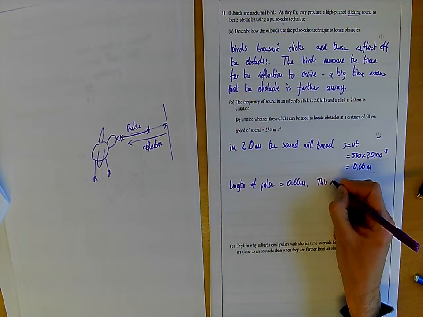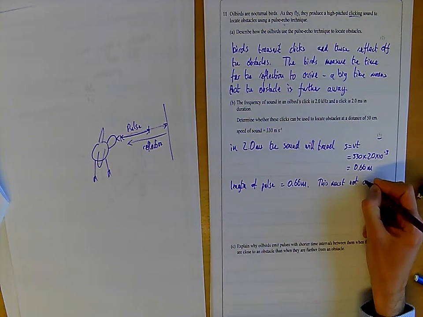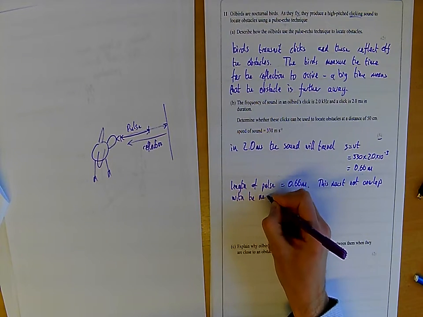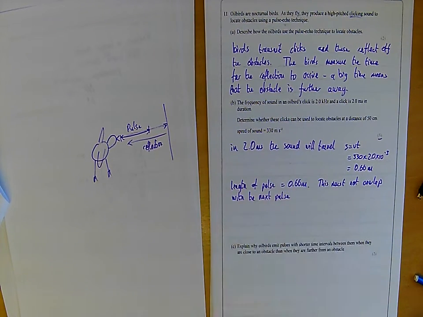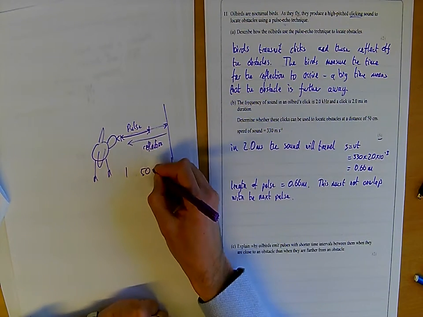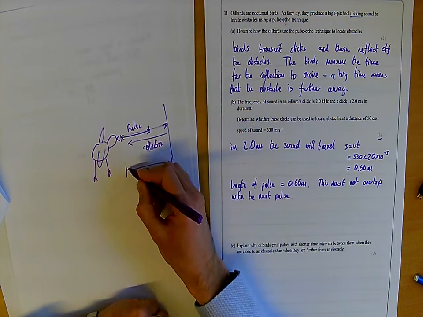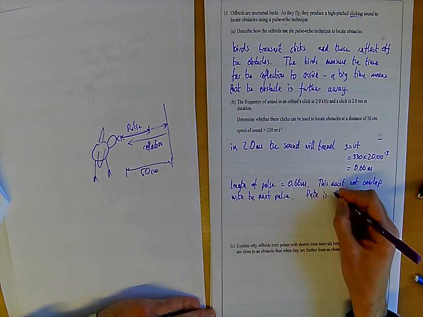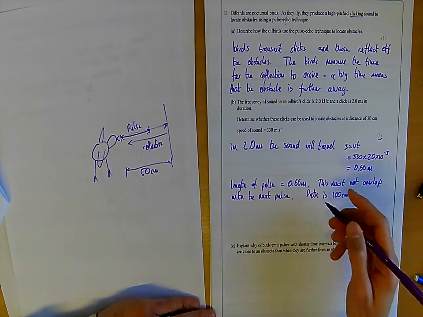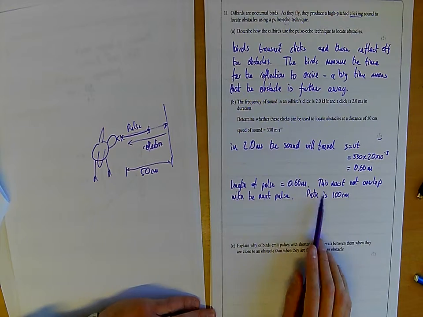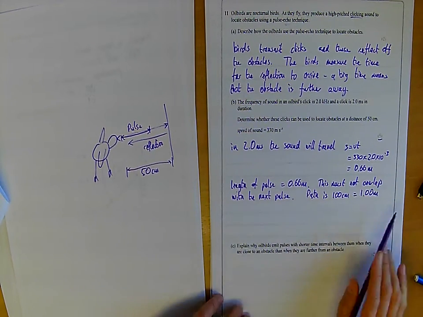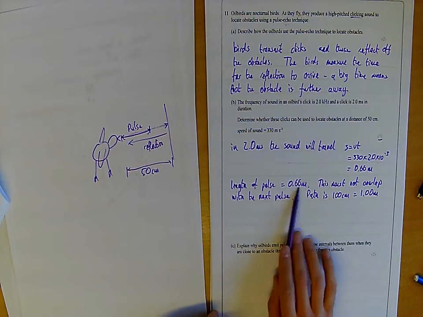So this must not overlap with the next pulse. The distance is 50 centimetres, but that actually means the path is 100 centimetres or 1 metre. So this must not overlap with the next path.